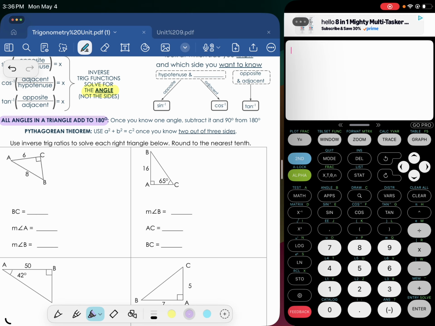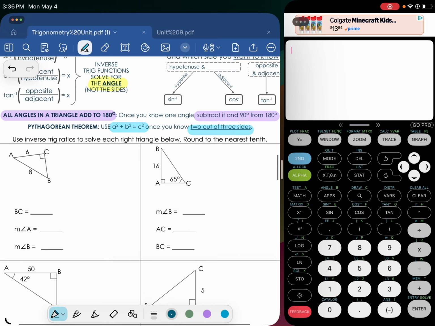So once you know one angle, subtract it and 90 degrees from 180 to find the third one. The other thing we're going to talk about in some of our examples is if you know 2 out of the 3 sides, then you would use the Pythagorean theorem to find the third side. That is something we practiced in the first video that we'll do again in this one. But we had not done the 180 degree rule for triangles yet, so that was new.